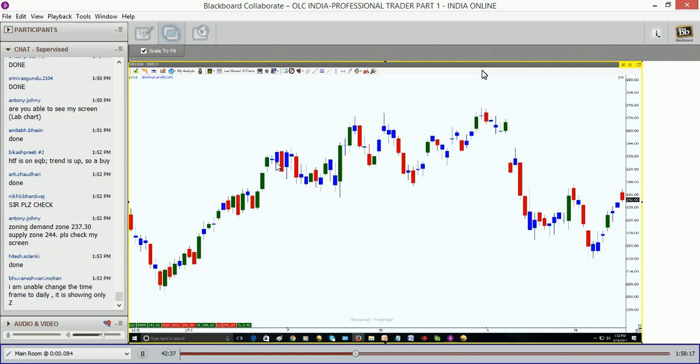Can you zoom out your screen a little bit? Because there are a lot more zones, Vikas. Have a look if there are more zones or not, because there are some coinciding good zones.